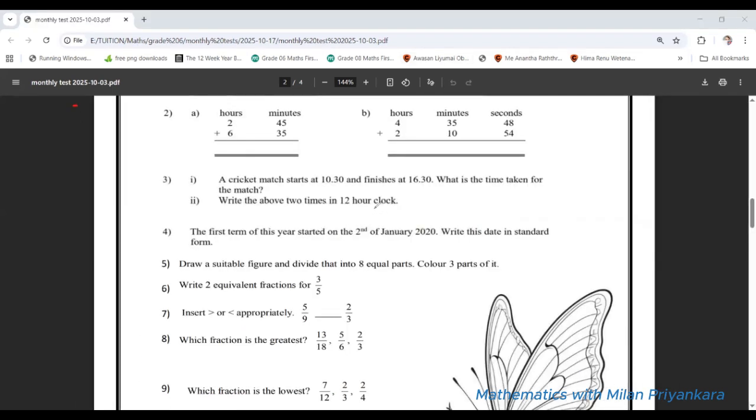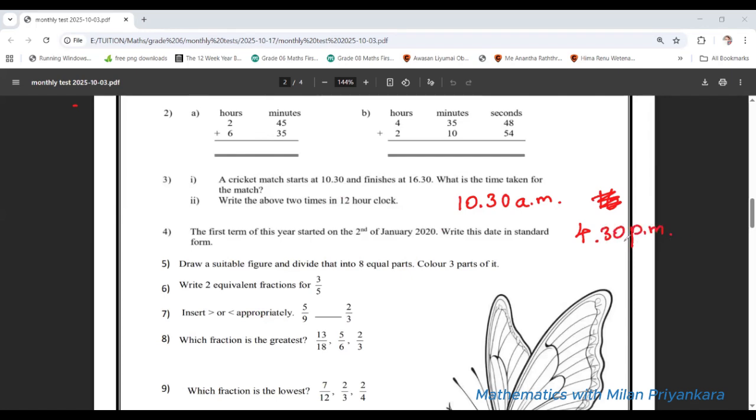And let's see, write the above two times in 12-hour clock. If it is 12-hour clock, 10:30 a.m. And if 16:30 is written in the 12-hour form, it is not 16, it is 4:30 p.m.